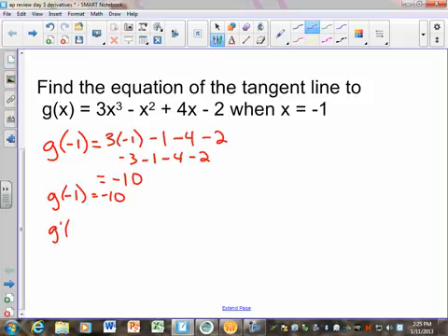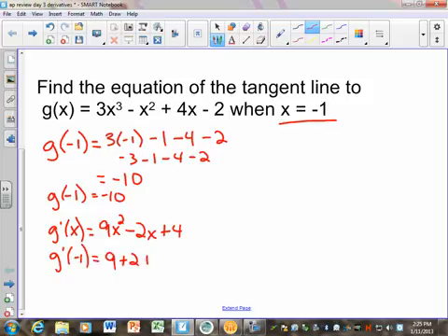So I also need the derivative, which would be 9x squared minus 2x plus 4. And I'm trying to find the derivative when x equals negative 1. So I'm going to plug in negative 1 into my derivative, and I would get 9 plus 2 plus 4, or I think that's 15.